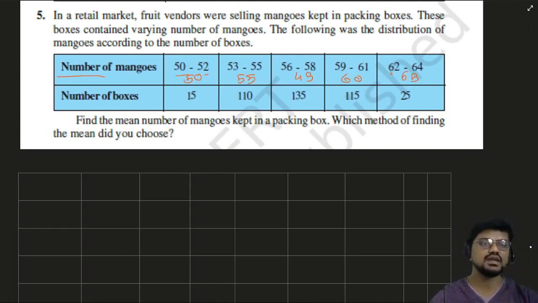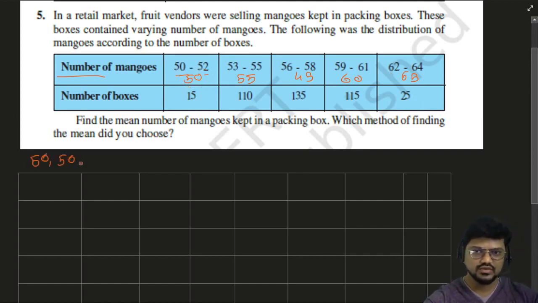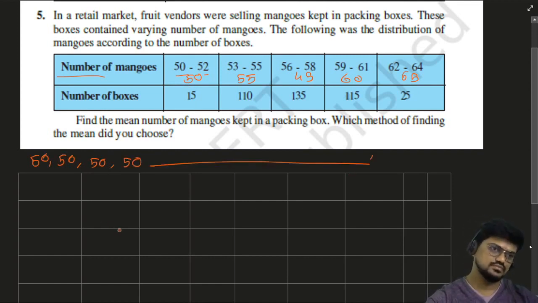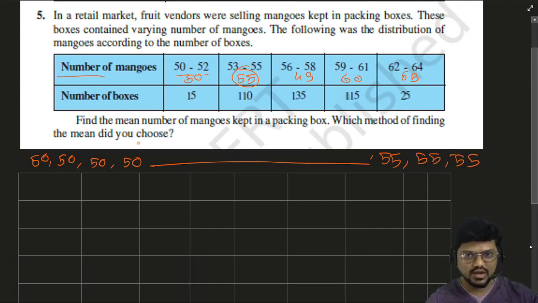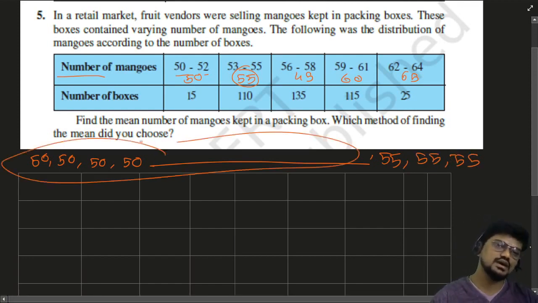If I ask you to write the data in full length, there are 15 boxes of 50, so you will write 50, comma 50, comma 50, like that, 15 times. Then 55, 110 times you will have to write, if it's ungrouped data. So whatever data you write over here will be the values of xi, and the number of times you write it will be your frequency.